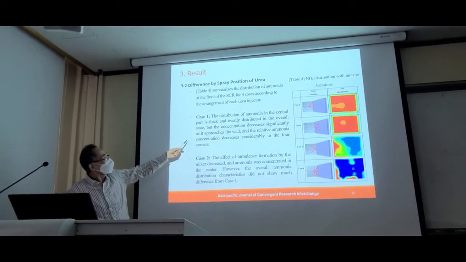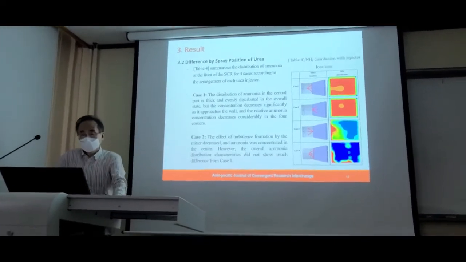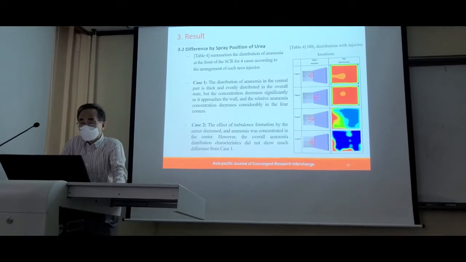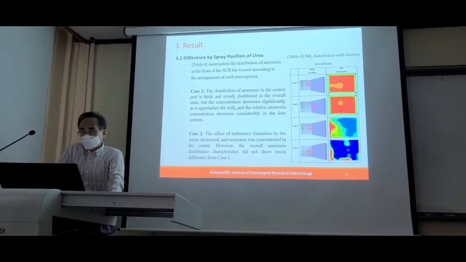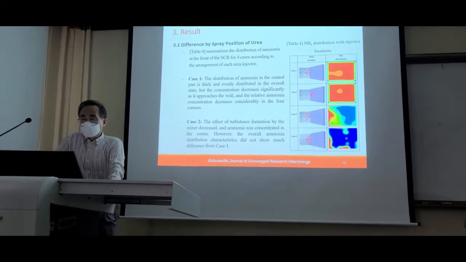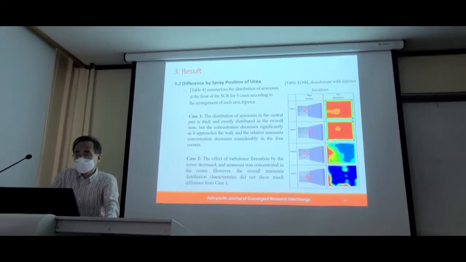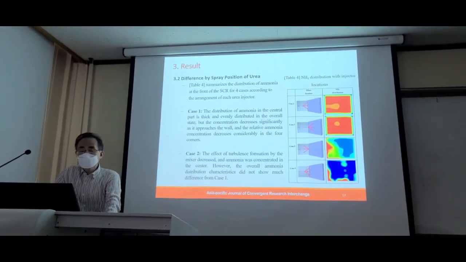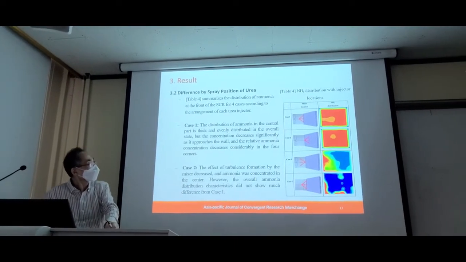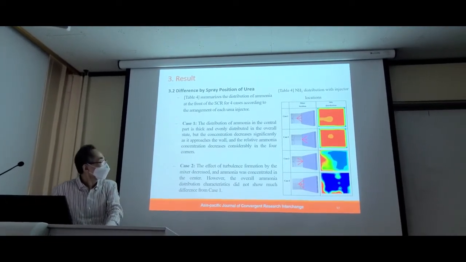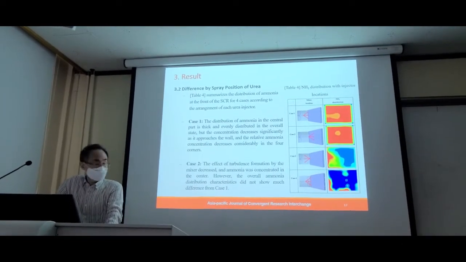Anyway, let's look at some other things we summarize in this way. In case 1, the distribution of ammonia in the central part is large and evenly distributed overall, but the concentration decreased significantly as it approached the wall, and the relative ammonia concentration decreased considerably in the 4 corners.